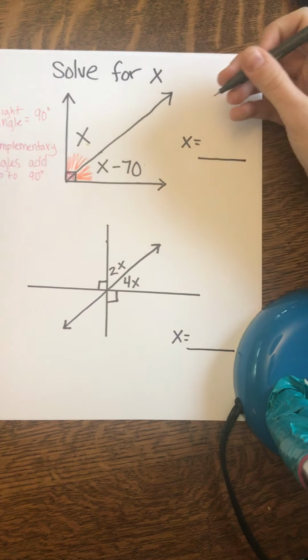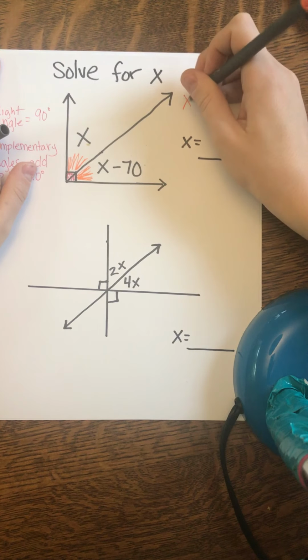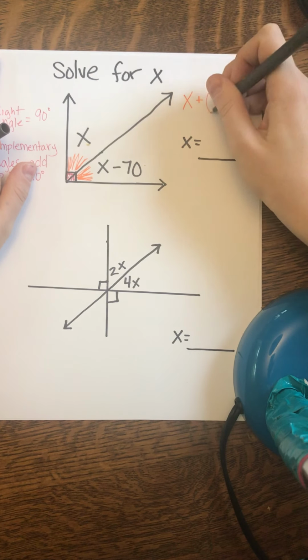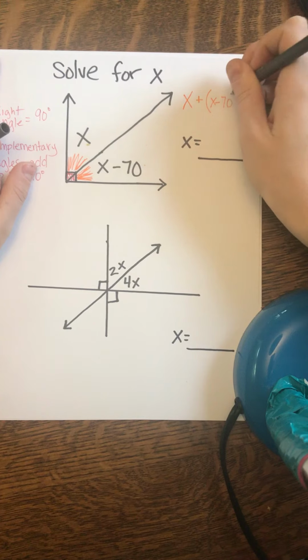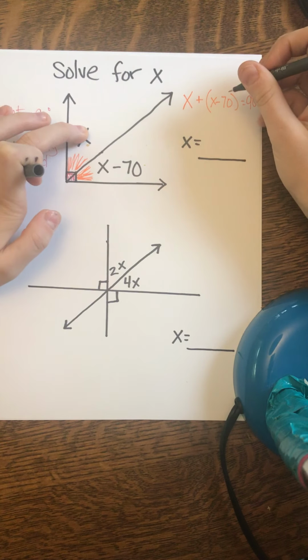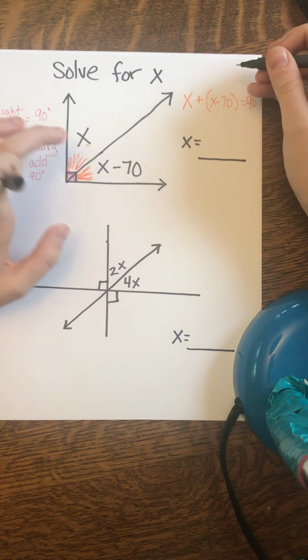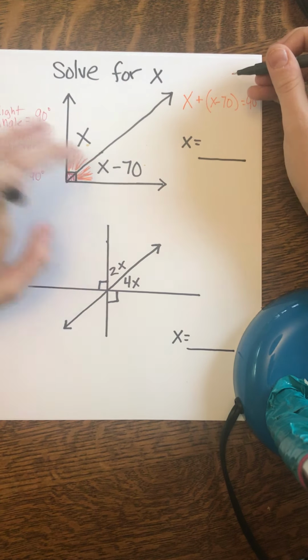So I can create an equation. So x plus x minus 70 equals 90 degrees. Because remember, x is one angle and x minus 70 is another angle. When these angles are added up, they add up to 90 degrees, they make a right angle.